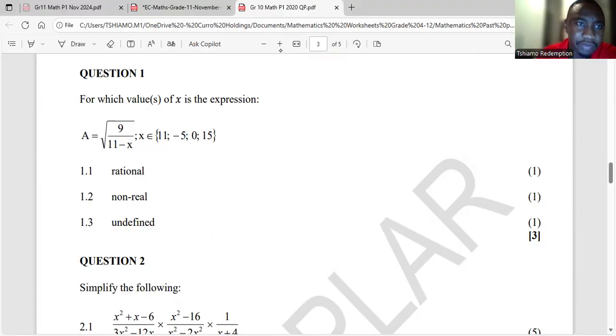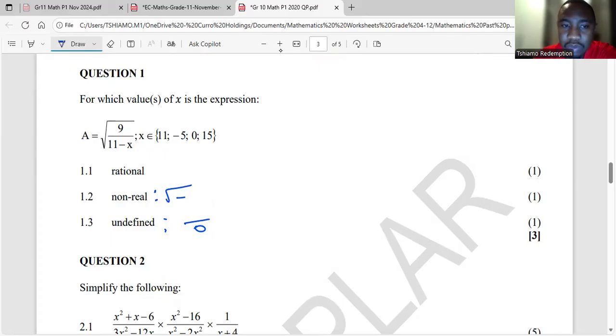So just briefly explaining this one before we go to it. Non-real: as long as we have a square root of a negative number, it's non-real. So we don't want to have a negative inside the square root. Anything that would make this expression negative will be non-real. And then undefined: the denominator is 0.